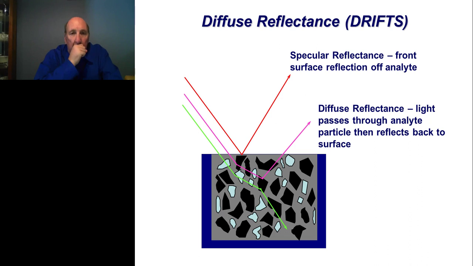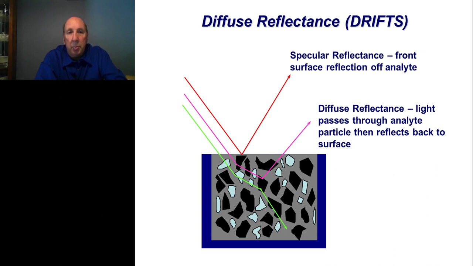So, specular reflectance. This is a diagram of what's actually occurring. When the light comes into the sample, it hits the top surface of the sample and is bounced right off the top of the surface. That's called specular reflectance. Often there's a block or a hole in that collection mirror to make sure that the specular component is automatically rejected.